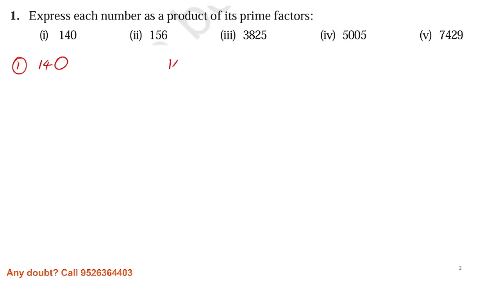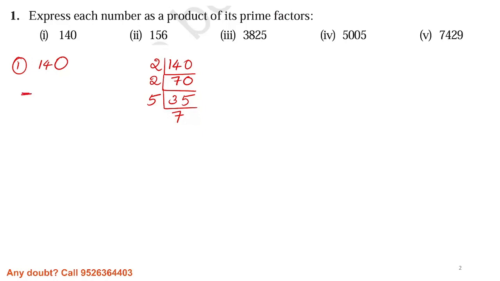So like the previous question, 140 is to be divided by the prime numbers like 2, 3, 5, etc. 140 divided by 2, you will get 70. 35 divided by 5, you will get 7. I cannot proceed further. The last number is 7, a prime. No more division is possible. Stop there.